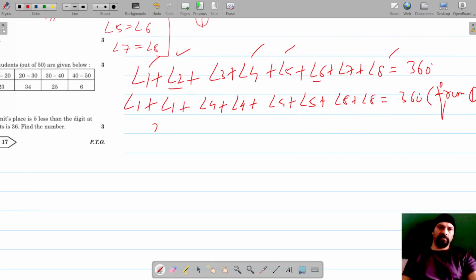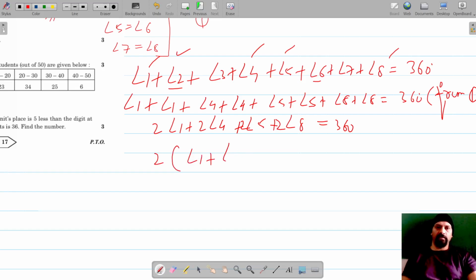So this is 2 times angle 1, 2 times angle 4, 2 times angle 5 plus 2 times angle 8 is equal to 360 degrees. Let's take 2 common. So angle 1 plus angle 4 plus angle 5 plus angle 8 is equal to 360 divided by 2, which is 180.